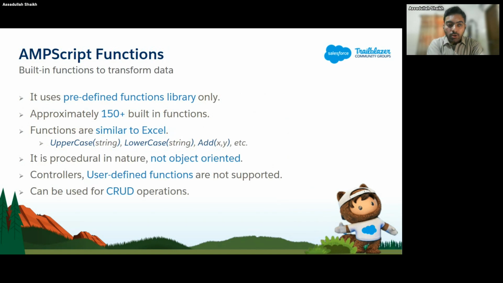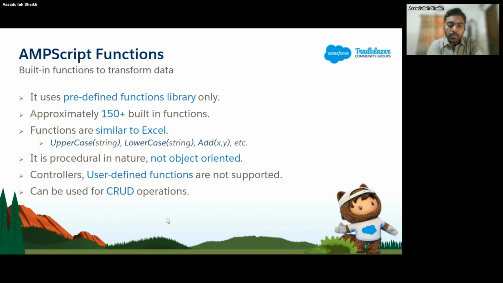So first, let's talk about AMPscript functions. In AMPscript we have a predefined functions library that we will be using to write our code, and our code will surround these functions only, which means we cannot write our own user-defined or self-defined functions like in other languages we do for complex operations.